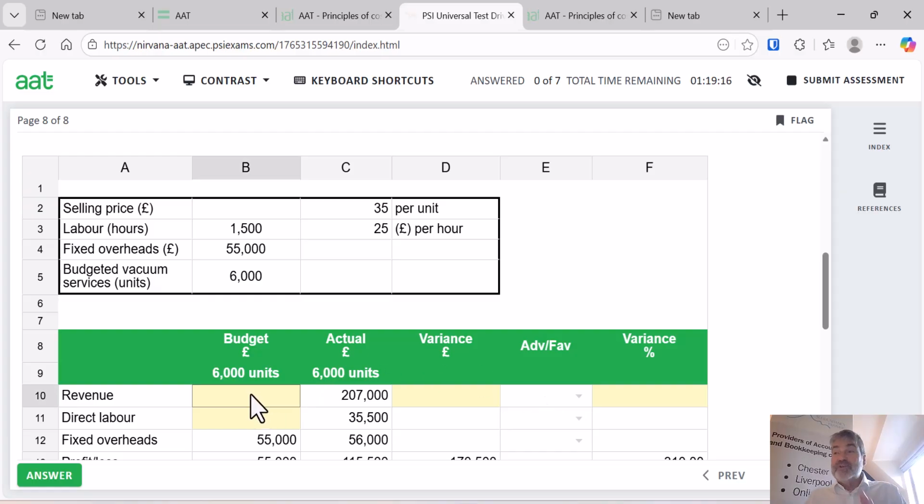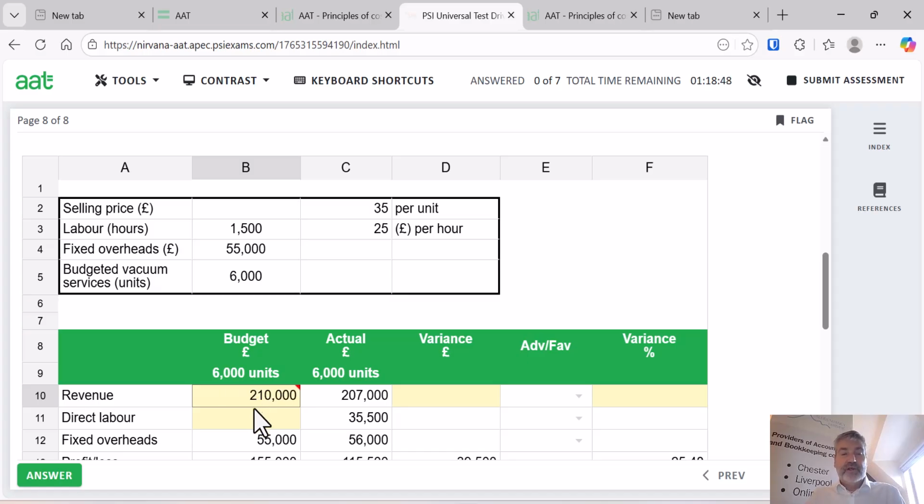So all I can do is type the formula in. That's all the embedded spreadsheet allows me to do. So I'm going to type in the formula that I would construct if I was using Excel. I'm going to put in equals, and then the contents of cell B5 and the multiplication symbol, I'm going to multiply by the contents of cell C2.